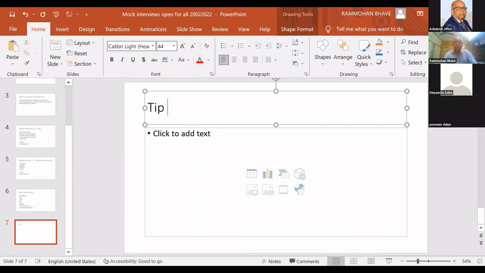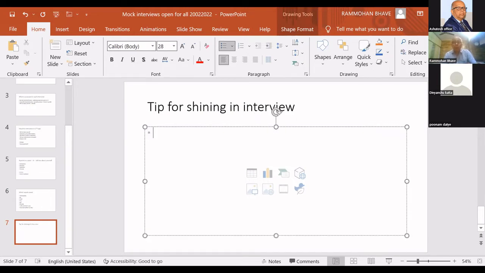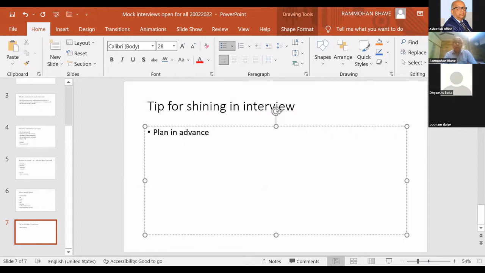for shining in an interview is to plan in advance by studying the link between your education and experience with the job profile.